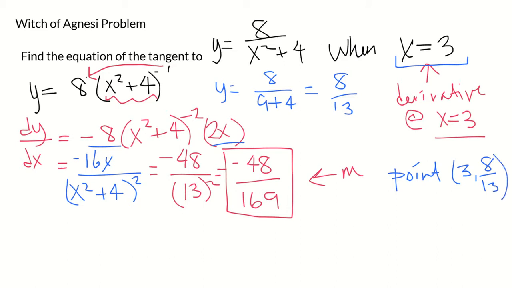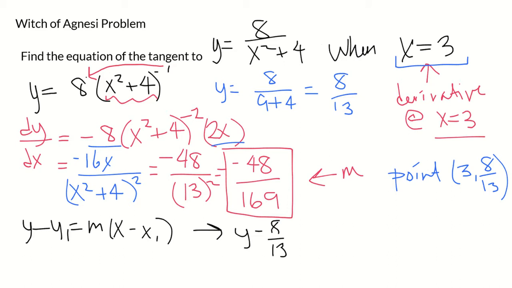Okay, and then to get the equation of the tangent line, we're going to use that slope and the point, so y minus y1 equals m times x minus x1. So that will be y minus 8 over 13 equals the slope, which is negative 48 over 169 times x minus 3. And that's our equation of our tangent line.